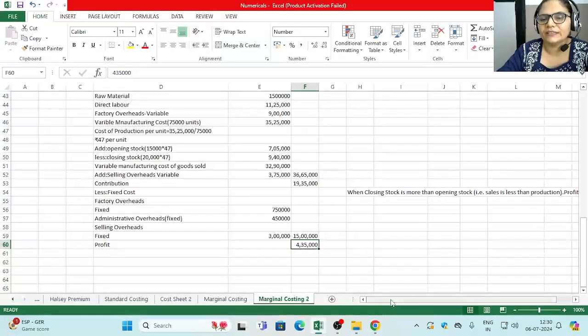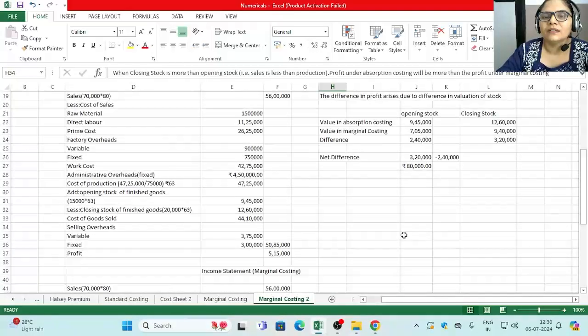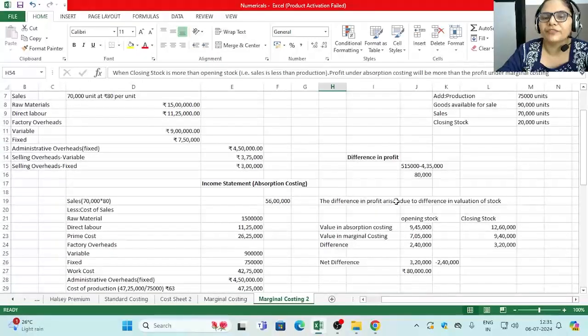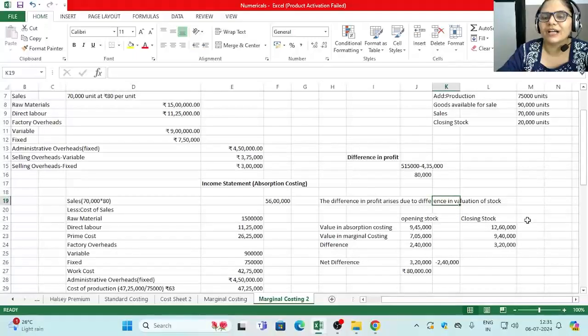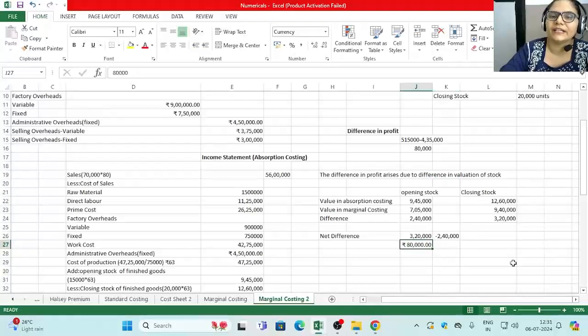So these are certain points you should remember: difference in profit arises due to difference in valuation of stock, which we have shown. I have proved this statement with the help of calculation. As you can see, the net difference in the valuation of stock is 80,000.